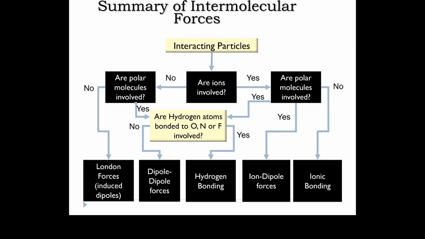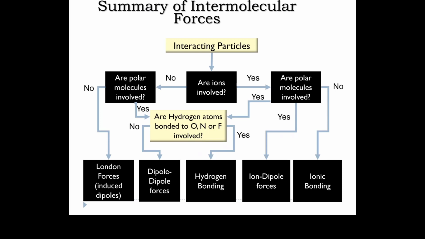Okay, if you're trying to figure out what type of intermolecular force is present in a molecule, I take the common sense approach to it. If you're the kind of person that likes a flow chart, here's a flow chart that you can go all the way through from the beginning. Really the question you're answering here is what's the strongest type of intermolecular force that's present.